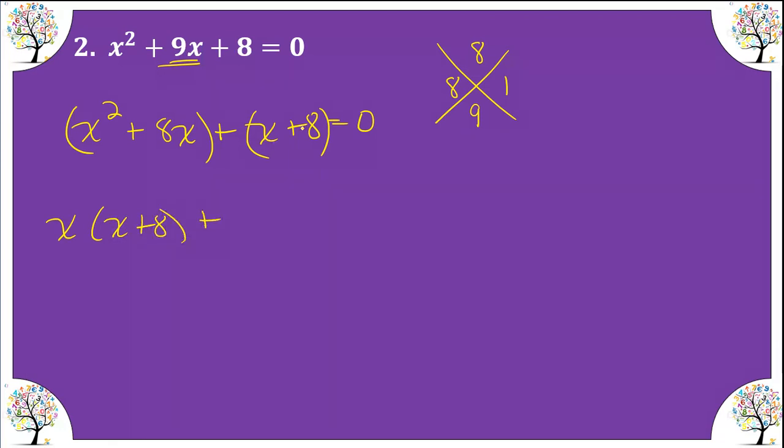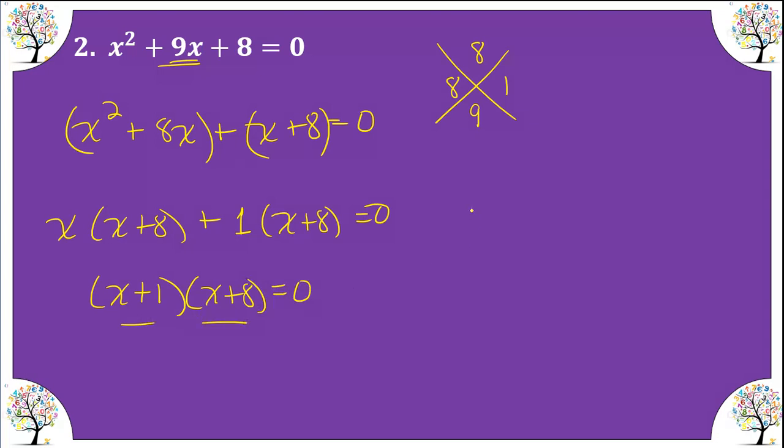Here we have x plus 8. It looks as though there's no common factor, but there is, and we're going to use it. It's 1. So the two binomials are x plus 1 and x plus 8, and they equal 0.